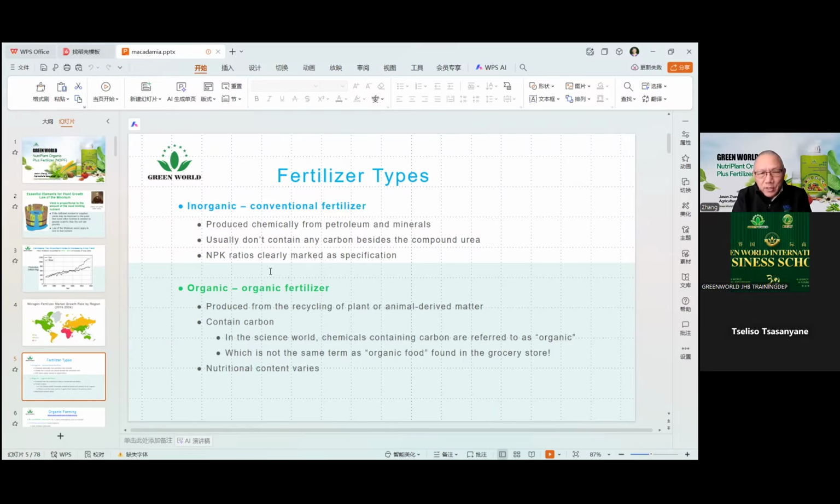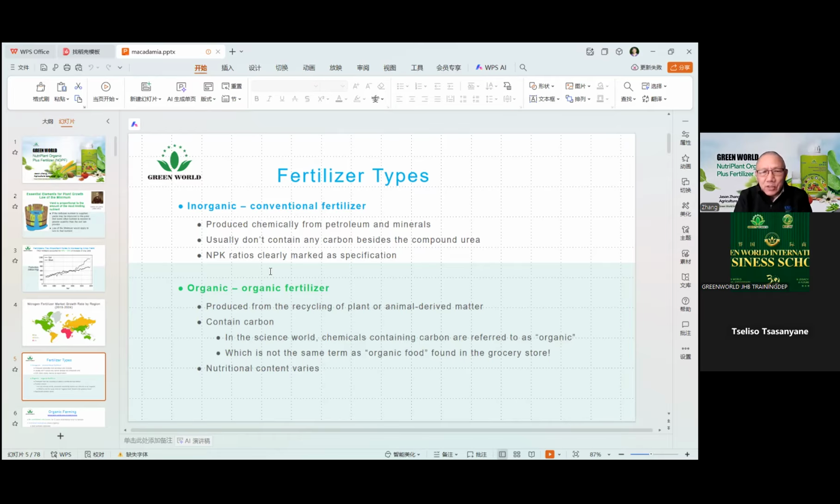And organic fertilizer: in a general sense, anything with carbon, anything organic, is called organic fertilizer. But our fertilizer is produced organically, not by chemical manufacture, using organic animal or plant material to produce our fertilizer.